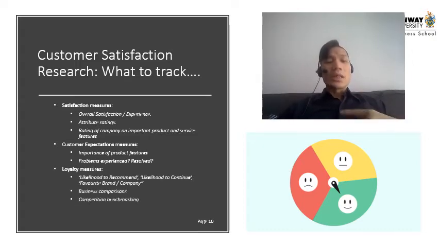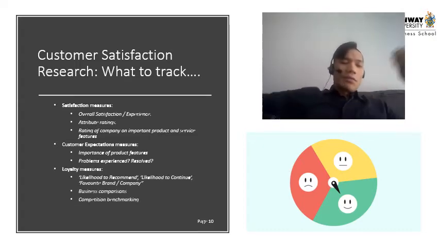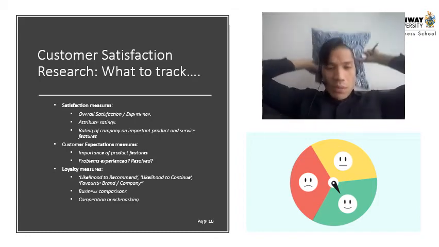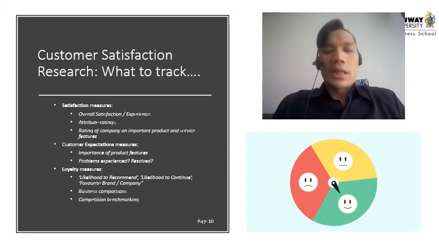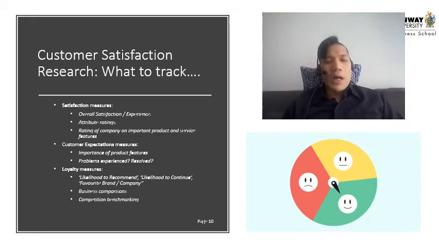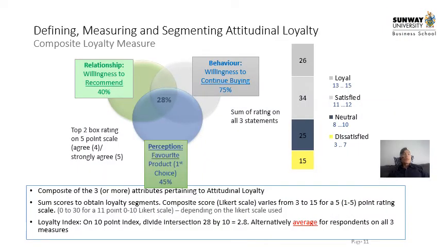And the third thing is to look at loyalty, which is measuring the recommendation of likelihood to continue, or what is their favorite brand, and if there are any comparisons, and some competitive benchmarking. Okay, so now I'm just going to give you an example of how you define a composite loyalty measure.